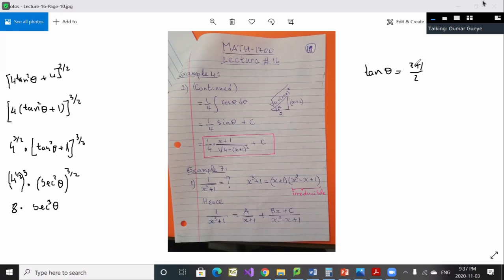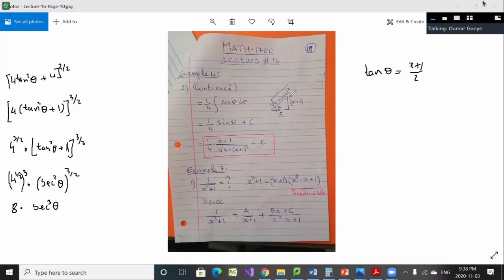And by using the Pythagorean theorem, we get this side, because the Pythagorean theorem says the hypotenuse is equal to the square root of the square of the adjacent side plus the square of the opposite side. That's what I have here under the square root. And now I'm ready to calculate sine of theta from the triangle here.